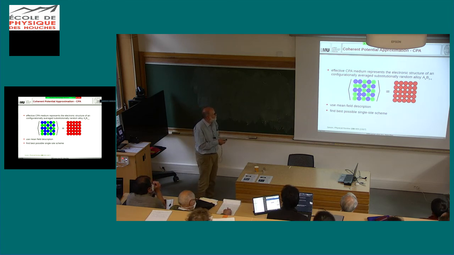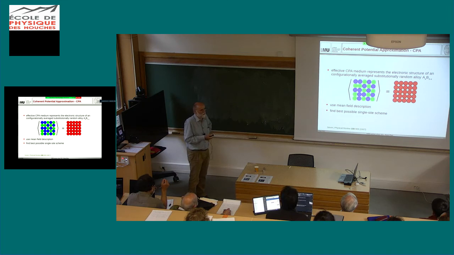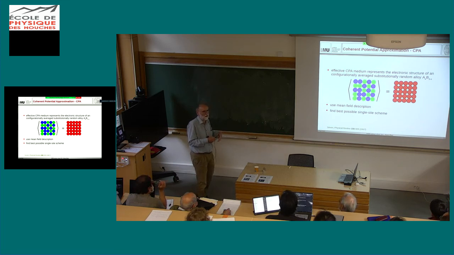And the idea here is, at the end, nothing else than that we use a mean field description. That means what we look at is a mean field, just in the spirit of the Weiss theory of magnetism.